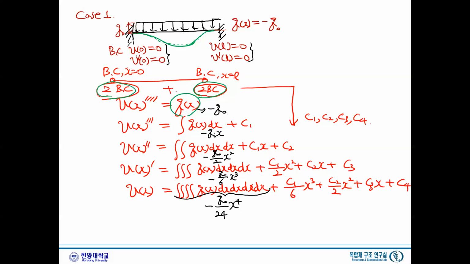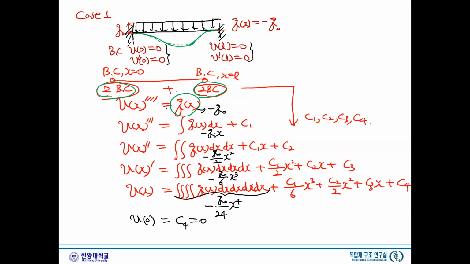Okay, so let's try to solve for C1, 2, 3, 4. Here, V at 0 equals 0. So V(0), let's put it here. With x equals 0, all the terms will be 0, and only C4 will be left. So V(0) is simply C4. But what is the value of V(0)? Simply 0. So we notice that C4 is 0.